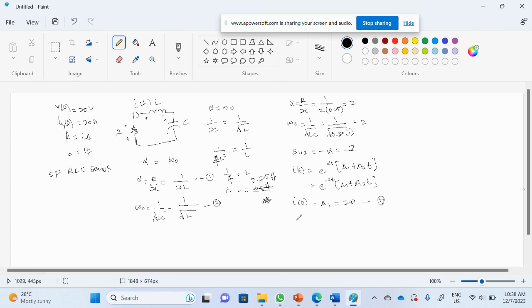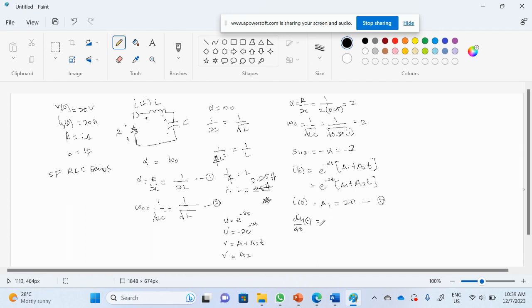Yang kedua, kita kena differentiate di/dt. Okay, differentiate this. So, u sama dengan exponential negative 2t, u prime negative 2 exponential negative 2t. v sama dengan A1 plus A2 t, v prime equals to A2.